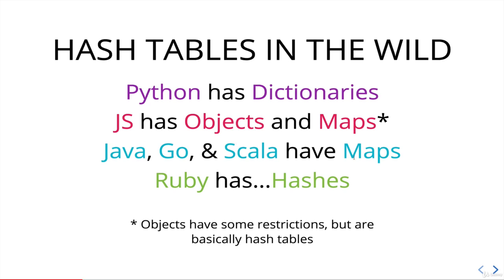Java, Go, and Scala have something called a map or maps. Ruby, they didn't even bother. It's just called a hash. So these all are key value data stores, and they implement hash tables. So hash tables are sort of a generic idea, and you could implement them in many ways. Dictionaries in Python, maps and objects in JavaScript, maps in Java, Go, blah, blah, blah.